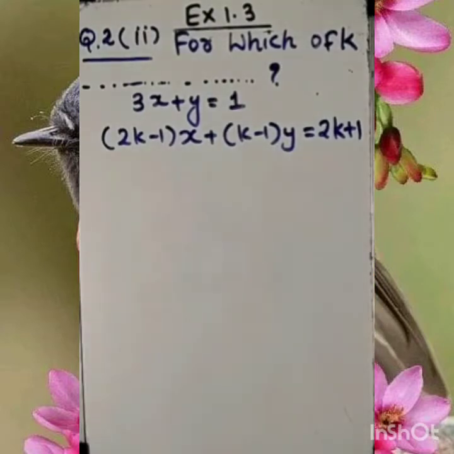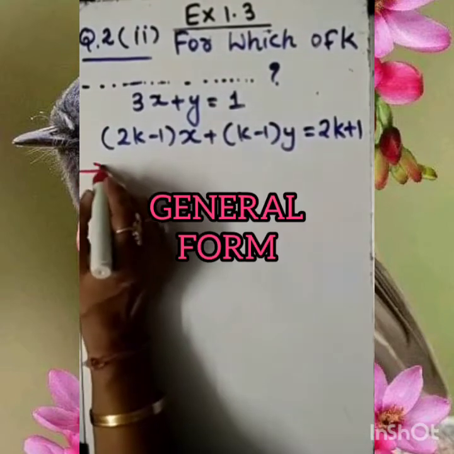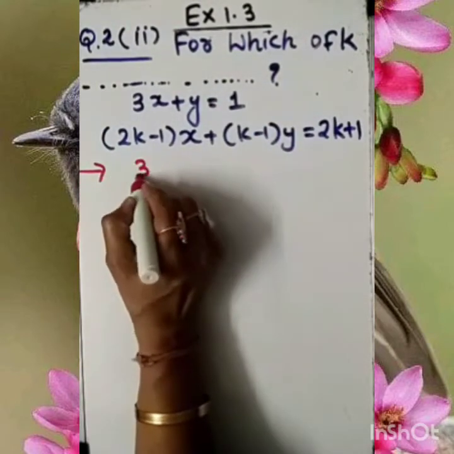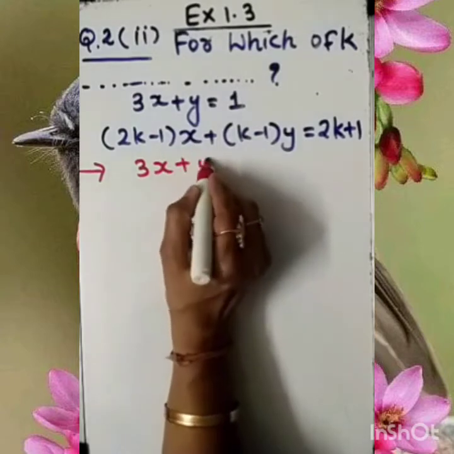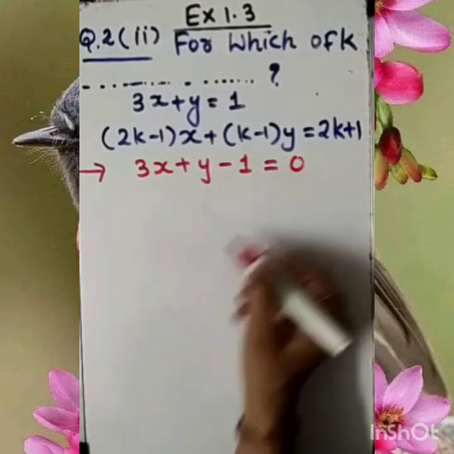As we know, both of these equations are not in general form, so let's write them in general form. It will be 3x plus y minus 1 equal to 0.